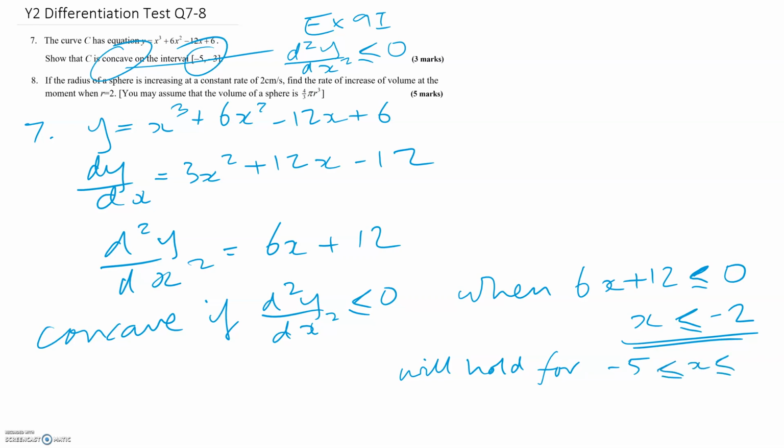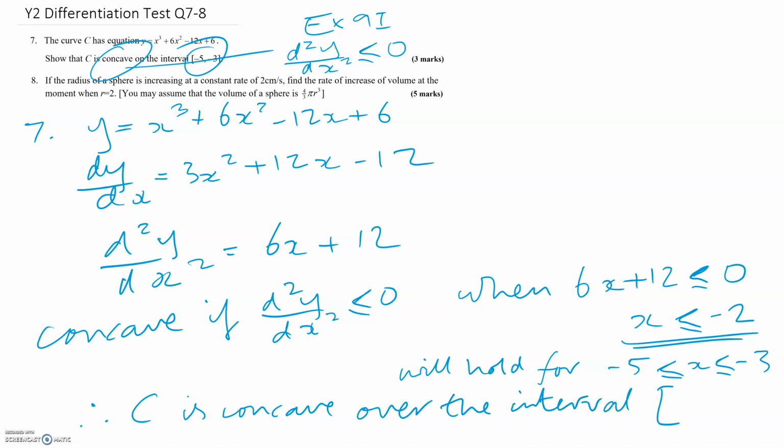This will obviously be true. So therefore you can say that the curve C is concave over the interval minus 5 to minus 3.